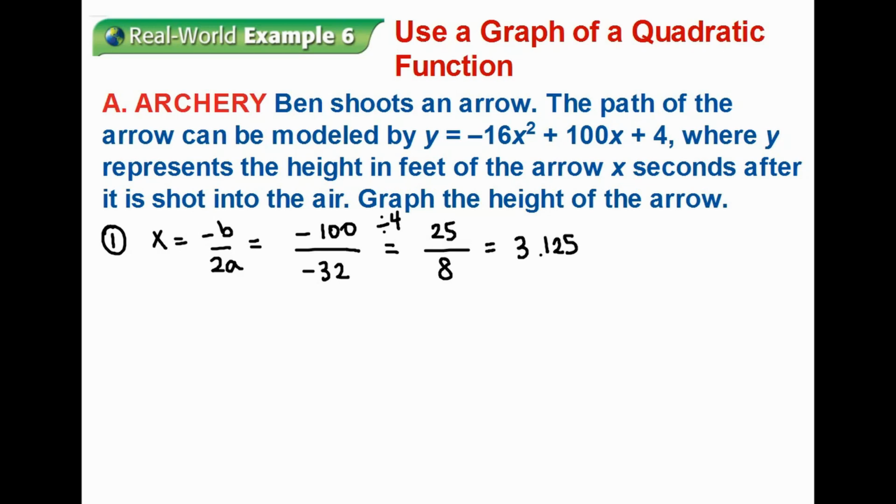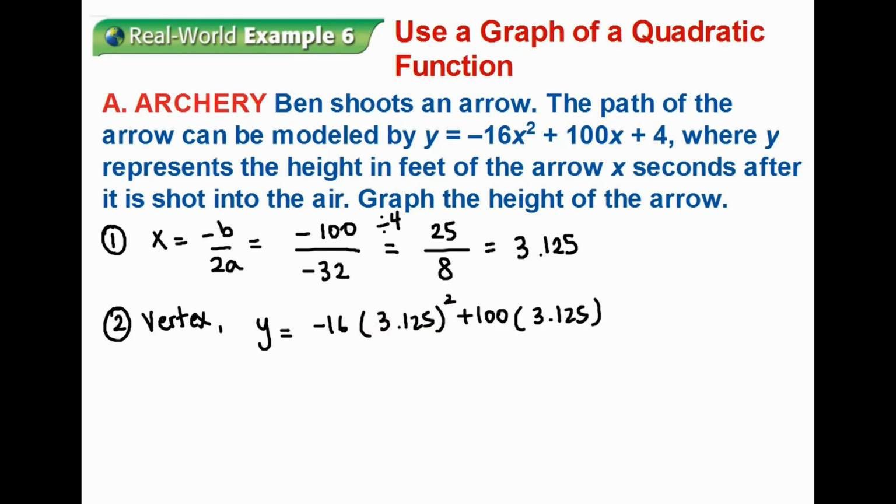Using this, we will find the vertex. Since I know the x already, to find y, y is equal to -16, and instead of x, we're going to substitute 3.125. So then 3.125 squared plus 100, and x is again 3.125, plus 4.